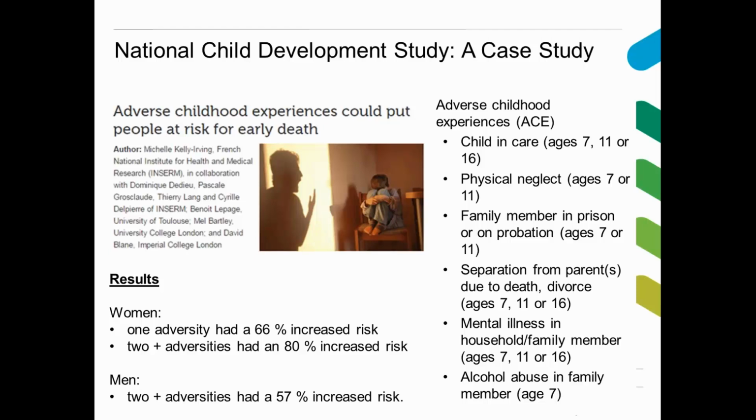They found that women who had experienced one particular adverse experience had a 66% increased risk of an early death. So that's quite an interesting study, and you can find that on our website if you want to have a look at more of the detail. But that just shows you exactly what we can do with these types of studies.